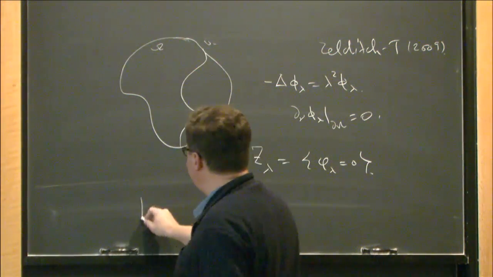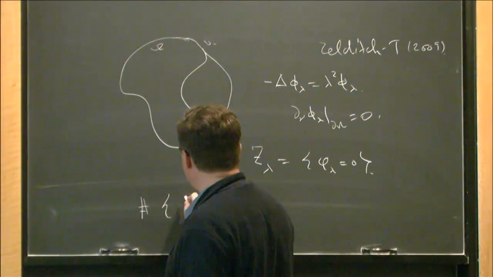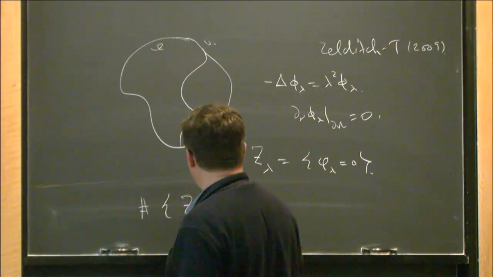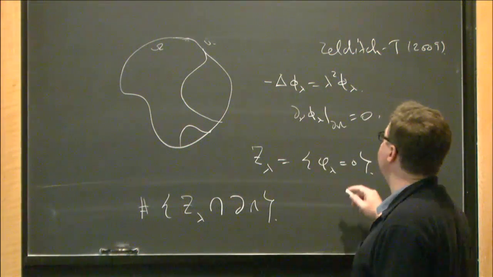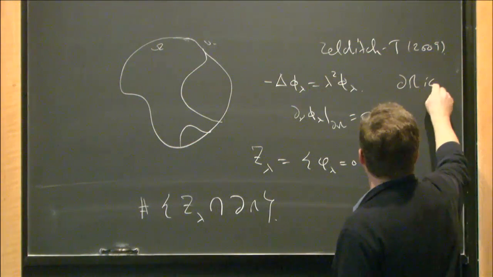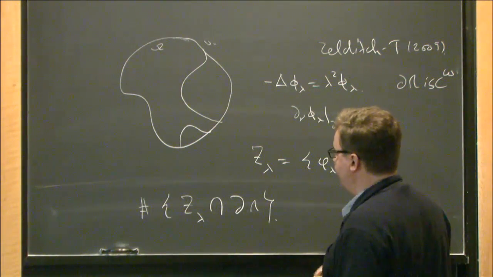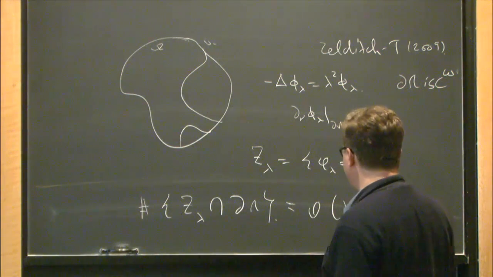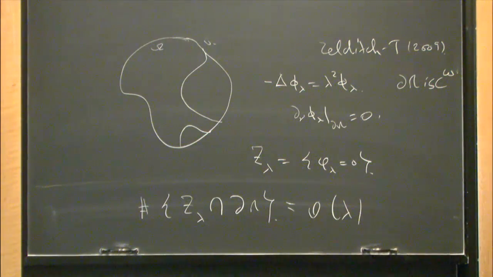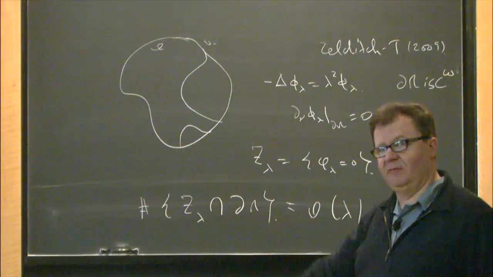We considered the following problem, and what we proved was that this was O of lambda. The boundary here is C omega. My eigenvalues are going to be lambda squared, so lambda is the square root of the Laplace eigenvalue, and the O, of course, depends on the boundary.